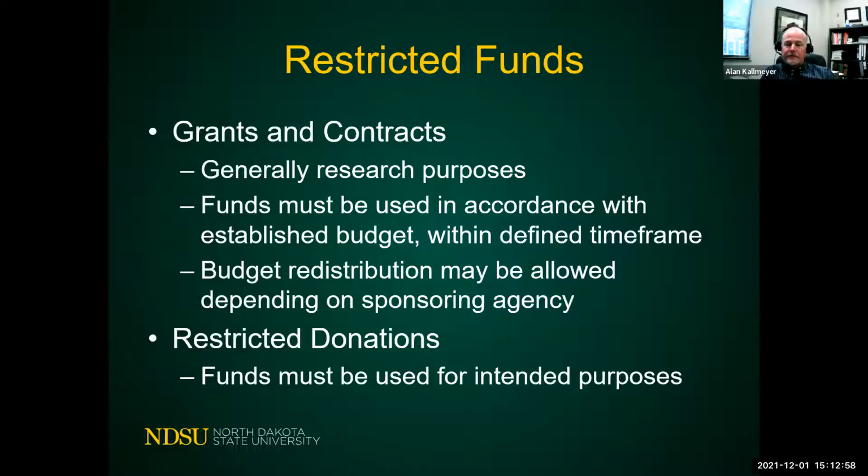If that's the case, when we get a donation like that, we will send it to grant and contract accounting and have them set it up as a restricted fund. Again, those funds can only be used by the intent of the donor that provided them. So it is possible to have restricted funds that are not specifically tied to a grant or contract.